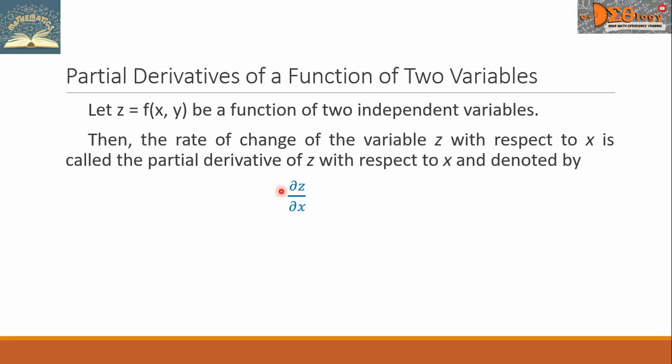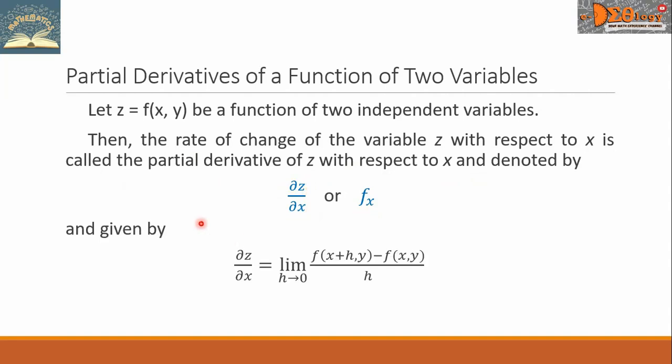We read this as partial derivative of z with respect to x, or we can use this symbol f sub x, and given by the partial derivative of z with respect to x equals the limit of the function f of x plus h, comma, y minus the function f of x, y all over h as h approaches 0.